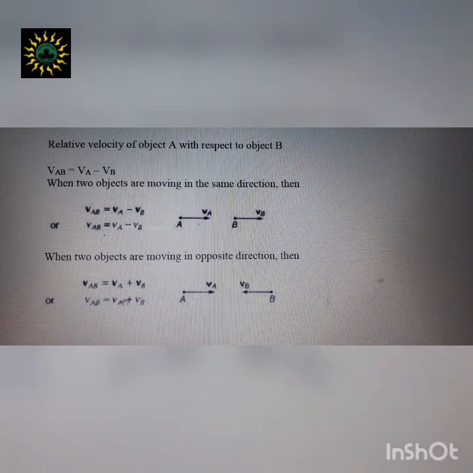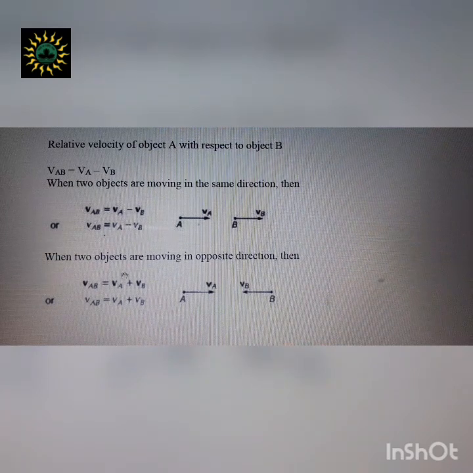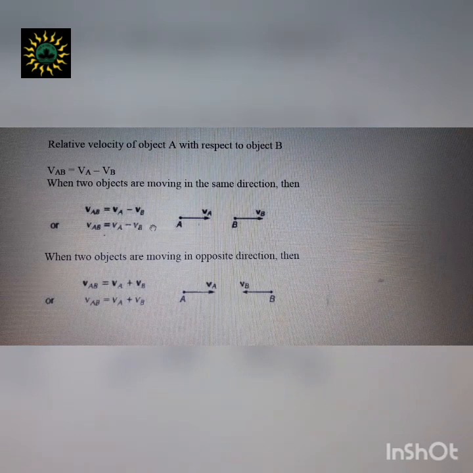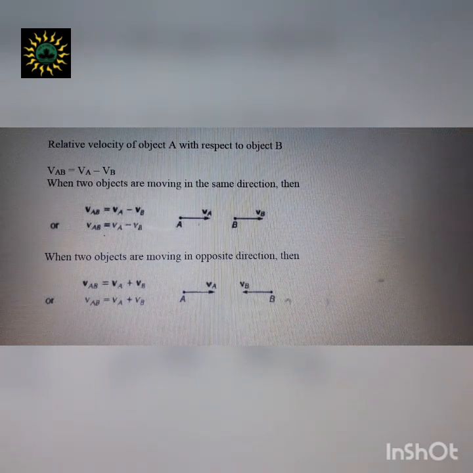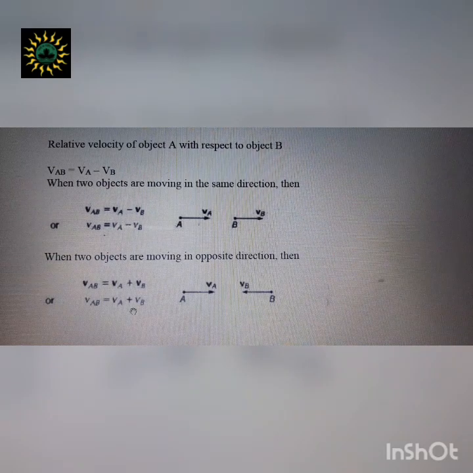So the relative velocity of A with respect to B, expressed as VA minus VB, you have to put minus VB in this case. So the ultimate equation becomes VAB is equal to VA minus of minus VB, so VA plus VB.